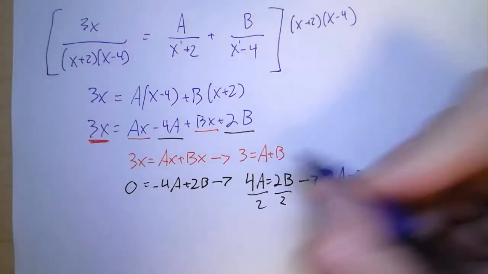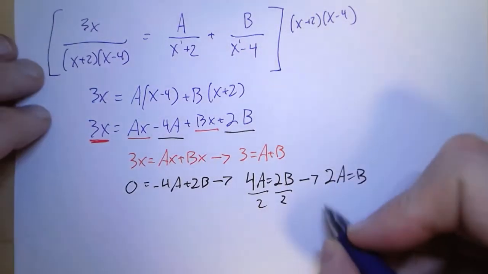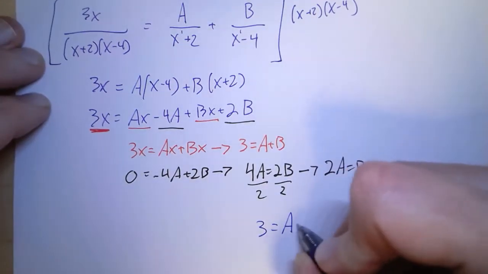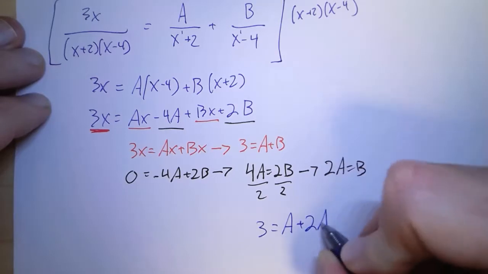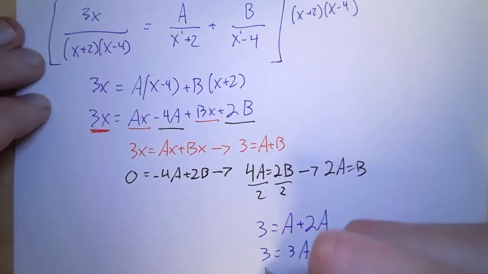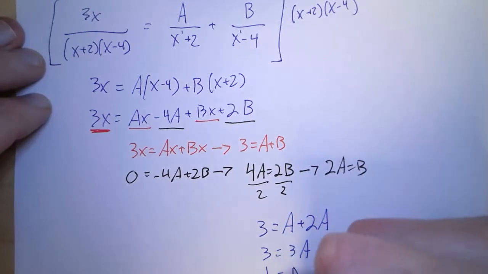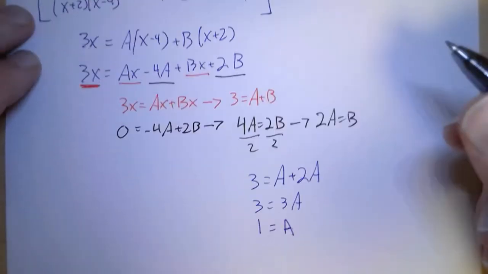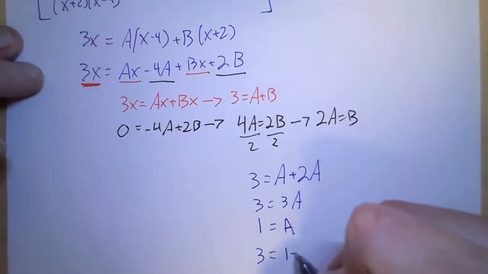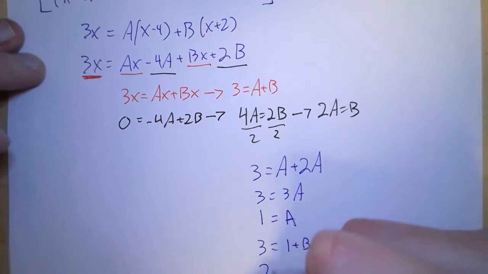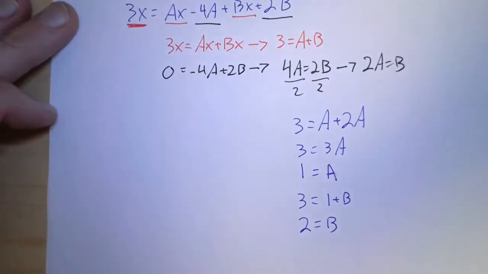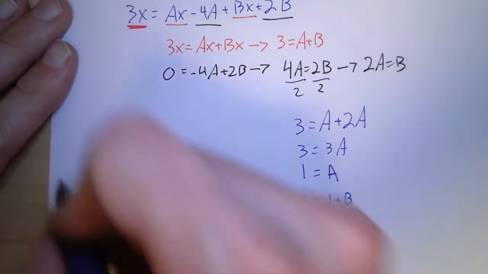We can take this equation, 3 equals a plus b, and instead of b, we're going to put 2a. So 3 equals 3a, so a equals 1. And now that we know that a equals 1, we can say 3 equals 1 plus b, so b has to equal 2.